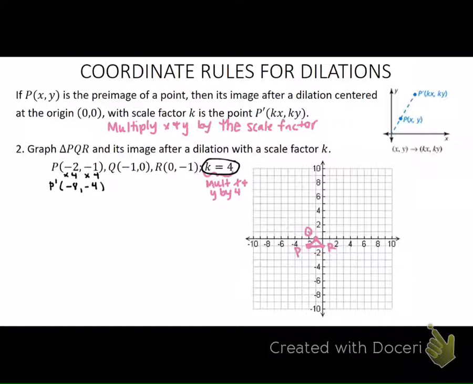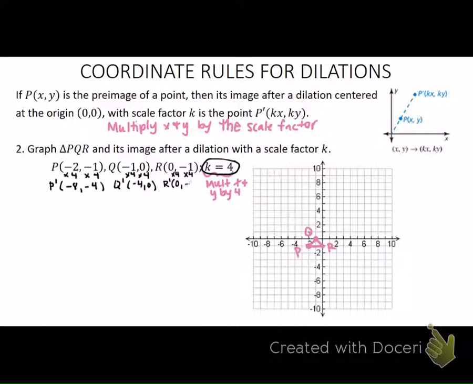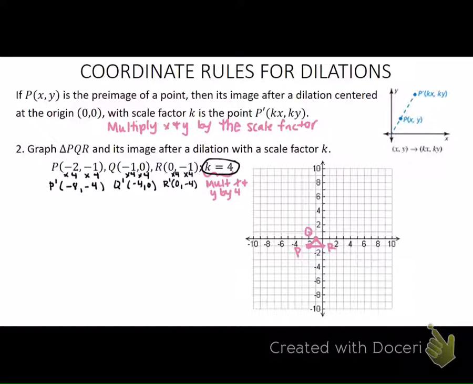So Devin, what would the image of Q be? -4, 0. And Austin, how about the image of R? Okay, so we have our dilation. Is this an enlargement or a reduction that just happened there? Enlargement. The numbers are getting bigger because you're multiplying by a number bigger than 1.